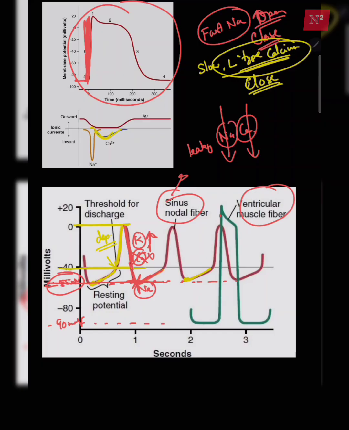Immediately the slow calcium channels again start to open. So like this, there is a complete refractory period in the whole sinus nodal fibers. So you get a long refractory period, because immediately after it is repolarized, it again starts to depolarize.